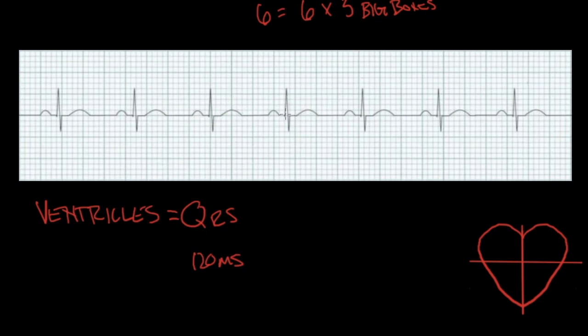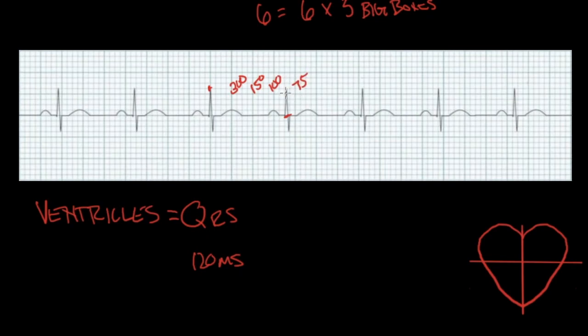Now, we can only do this with regular rhythms. So the way to do this is find a QRS that is very close to a thick line. And here we have a great example. And we're going to count out the thick lines to the next QRS complex. So this first one would be 300 beats per minute. This next one would be 150, followed by 100, and 75.